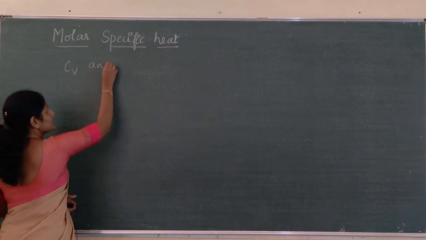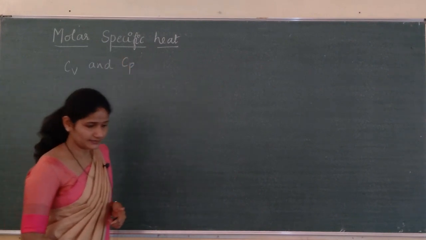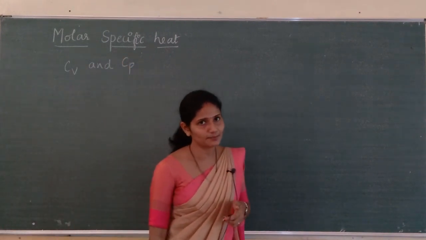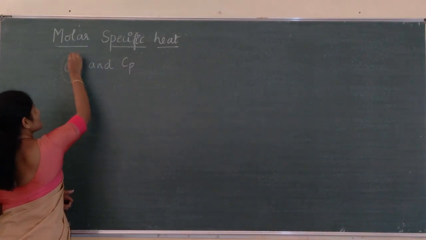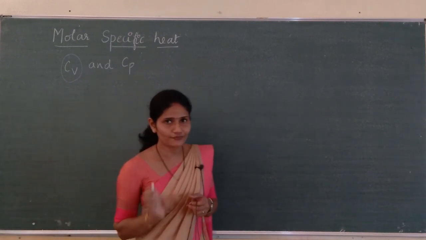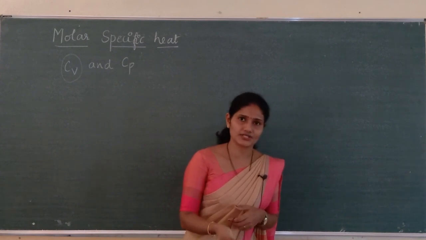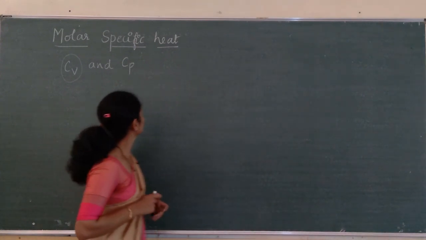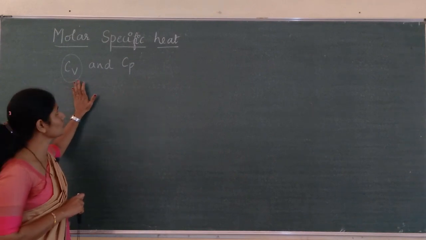That is nothing but Cv and Cp. Molar specific heat capacity is denoted by the symbol C. Molar specific heat at constant volume: if the volume of the system is fixed and the pressure inside the system changes, then we call that molar specific heat at constant volume.